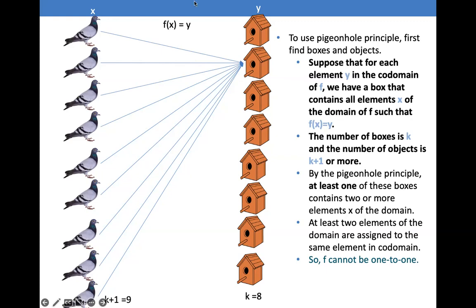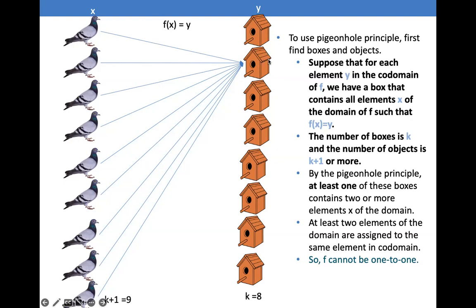So by the pigeonhole principle, at least one of these boxes contains 2 or more elements x of the domain. We can see here that at least 2 elements of the domain are assigned to the same element in the codomain. We mapped all these pigeons into only one box.